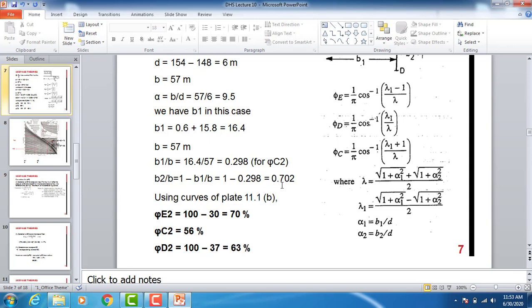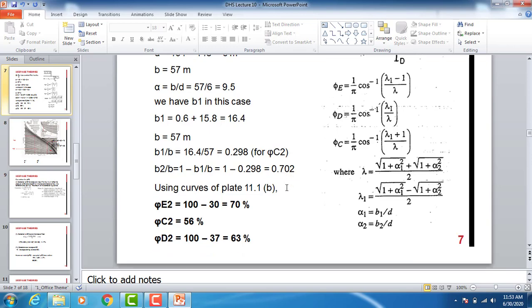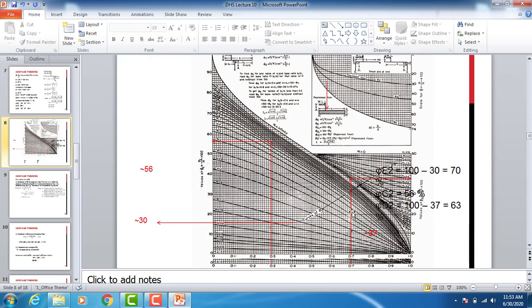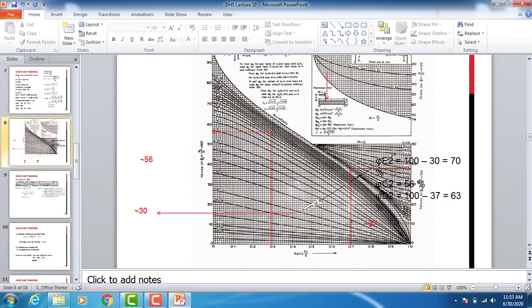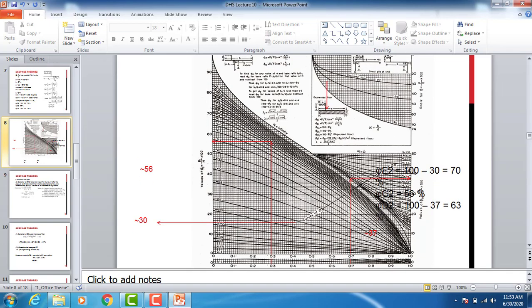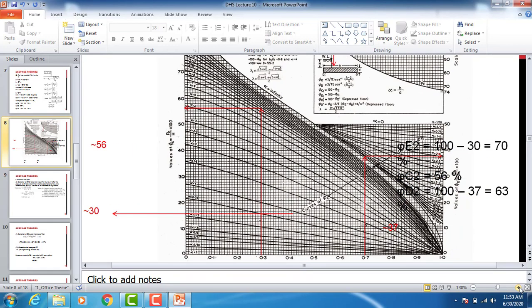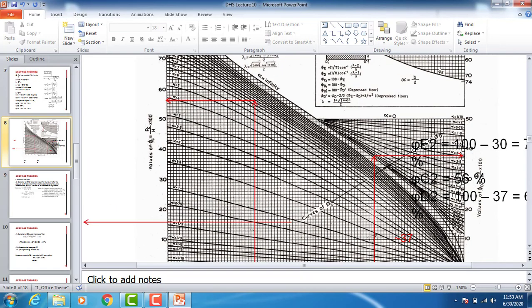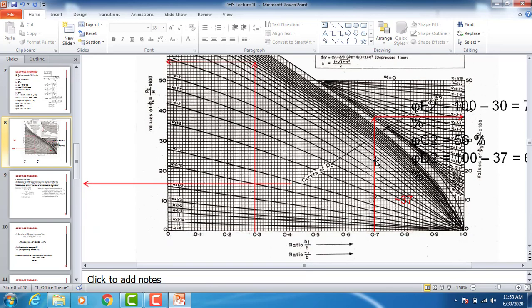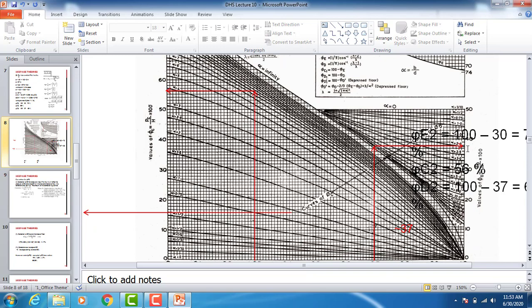So using this value, we will find the value of phi D. This is the curve of phi D. Again, I will zoom it. This is the curve of phi D. Clear? So coming to the value of alpha 9.5, it will come out to be here, and this is the value of phi D, which is 37.